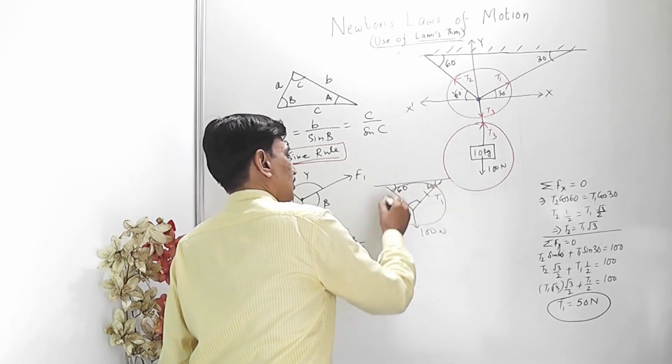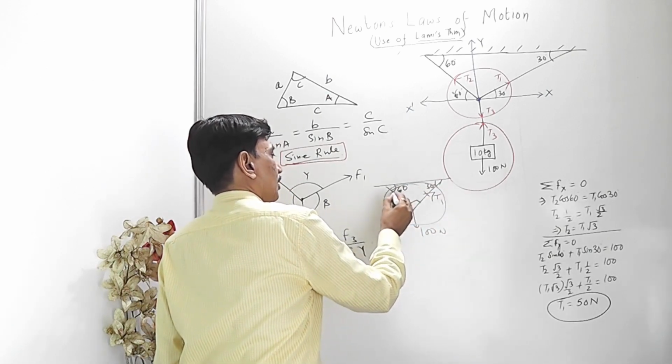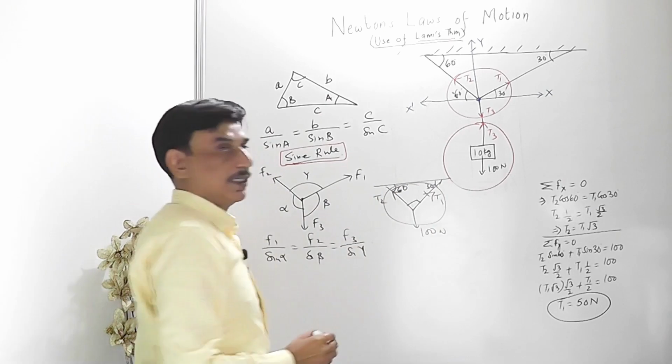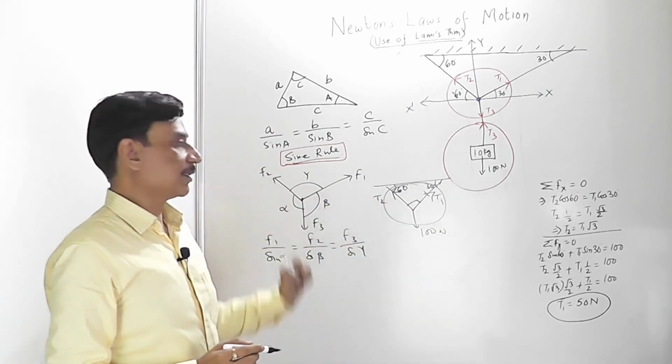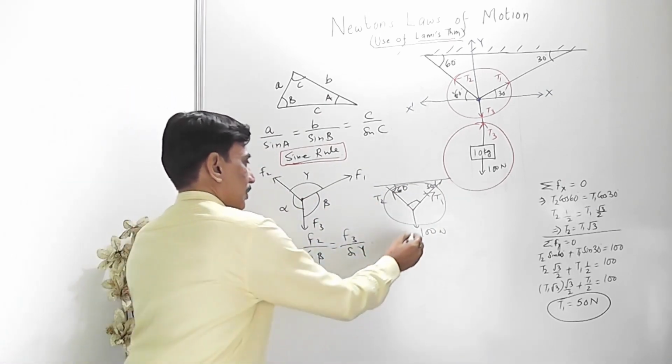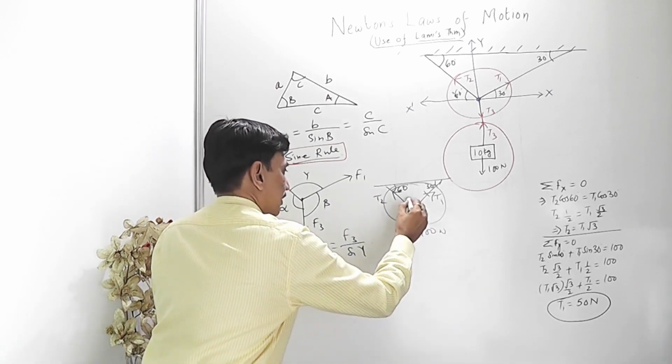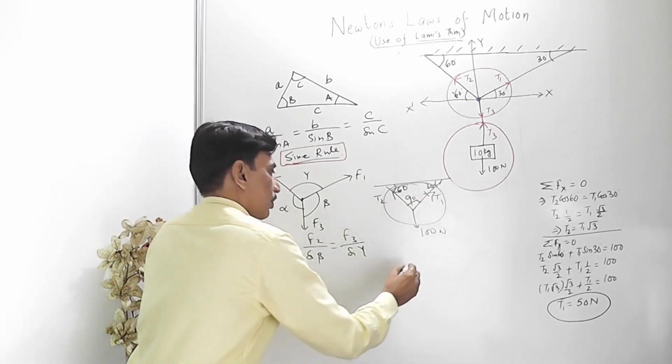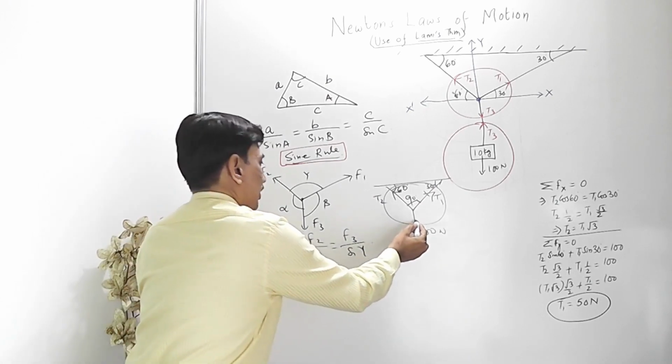So let's take this. This is T1 over here, T2 over here, and over here is 100 Newton. So this and this resemble each other. So what we do is 100 by sine 90. This is a 90 degree angle. If we apply this, we take it as F1.